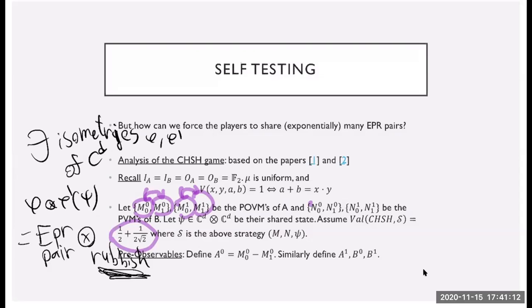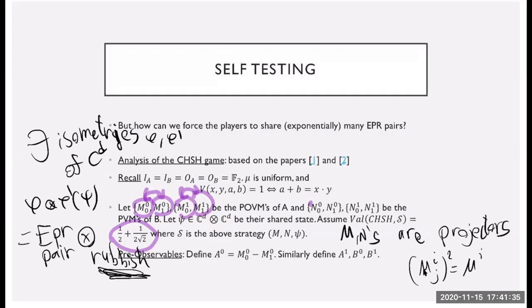And to do that, I defined something that I call a pre-observable. The reason I call it a pre-observable and not an observable is that if the M's and N's are projectors, so if Mij squared is equal to Mij, which is equal to Mij conjugate, then these things are unitaries.